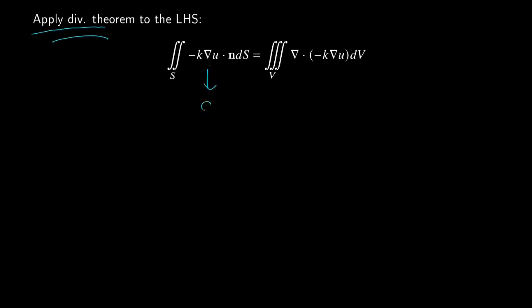The right-hand side is not divergence of q in this case. So now we actually apply the divergence theorem. It becomes like this. So we have the q as vector field, and then the div of grad u is div of q.